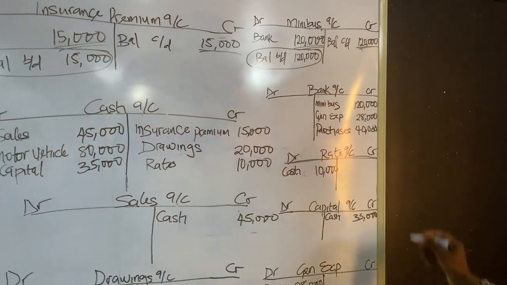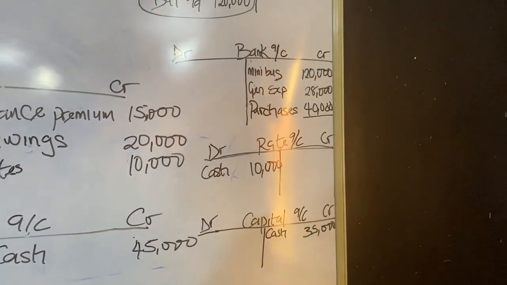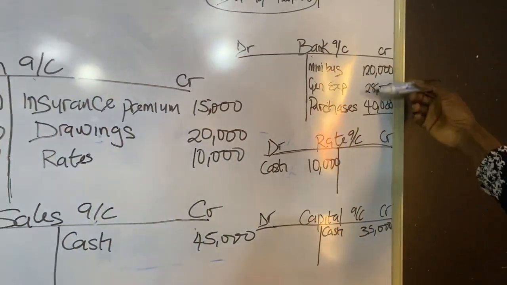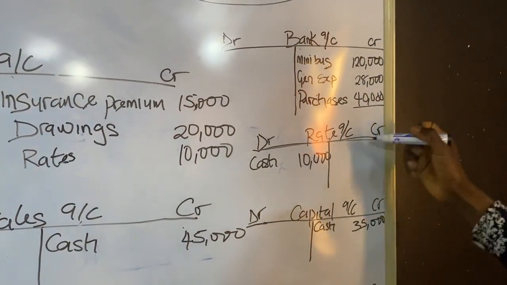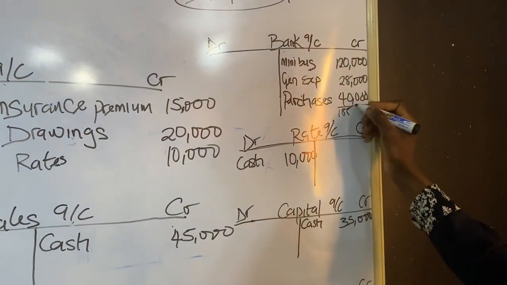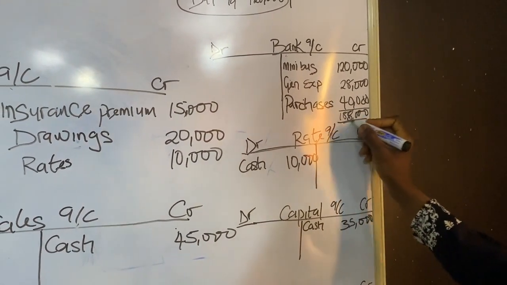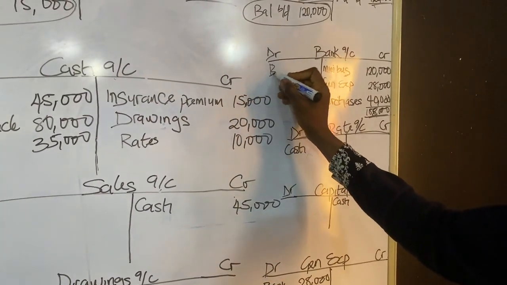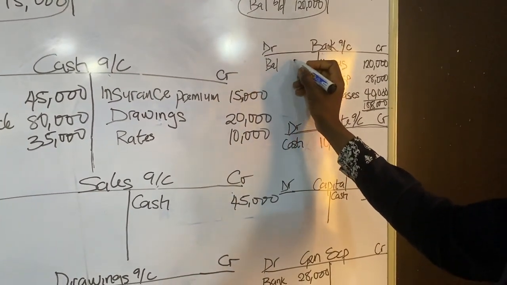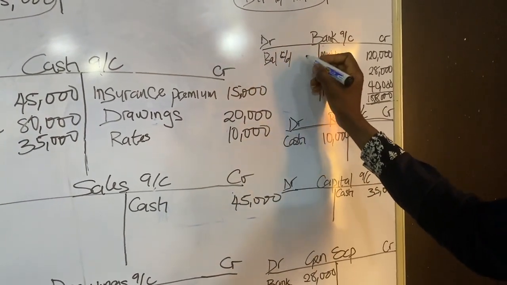This is what is going to your trial balance. Also, same thing here too. The total here is 120 plus this one's 68, 188. And you have your balance carried down.